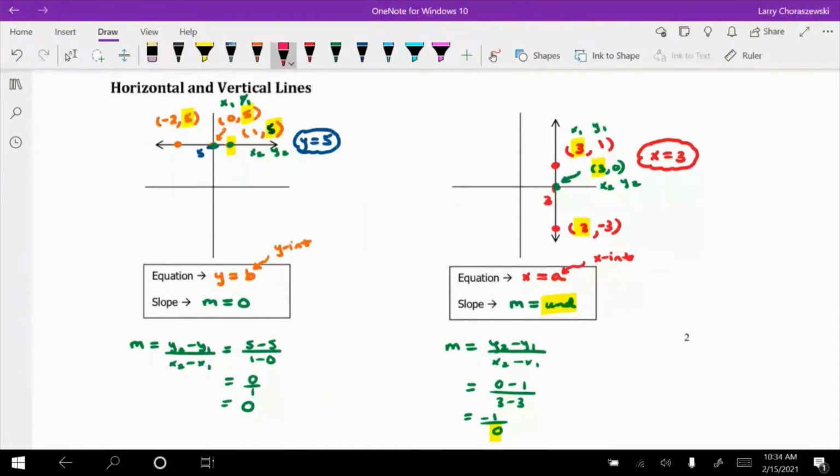The acronym that you can use for horizontal, this is, by the way, a pirate's favorite acronym, is HOY, as in ahoy matey.